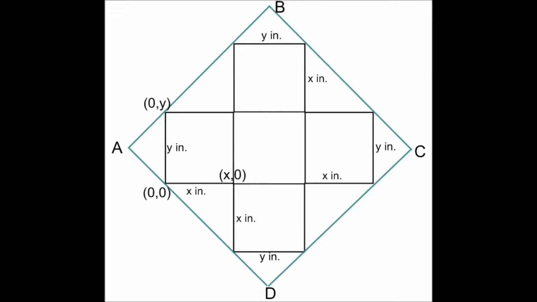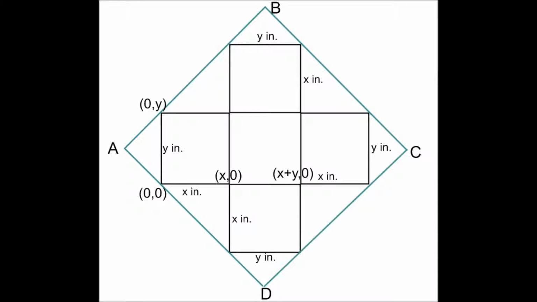Now I think you see that I've labeled a few of the points within the figure using the dimensions. Notice that that first tile on the left is X across and Y up, so then the coordinates of the other endpoints would be X, 0 and 0, Y. Then on the bottom tile, that tile's been rotated, so instead of X by Y, it's now Y by X, and so continuing across from X, 0, the next coordinate will be X plus Y, 0.